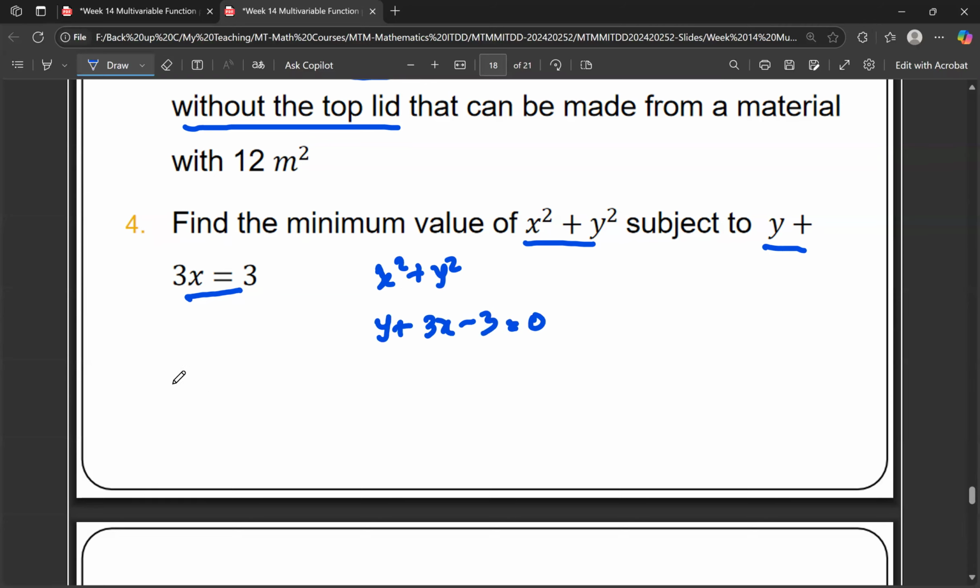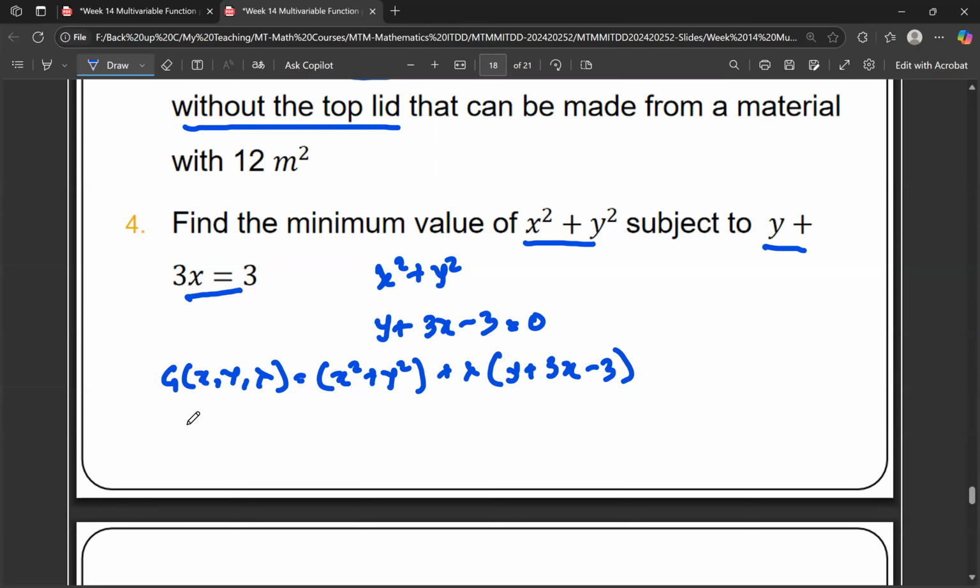So g(x, y, lambda) will be x squared plus y squared plus lambda times (y plus 3x minus 3), and then you must find gx, gy, and g lambda.